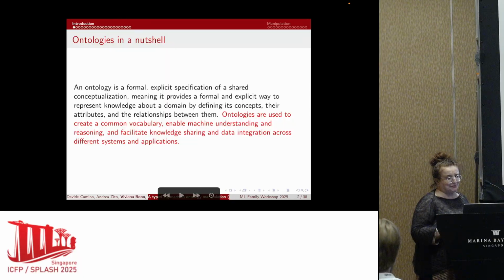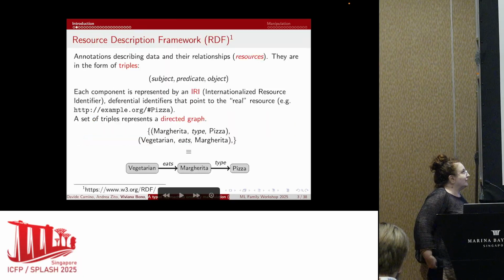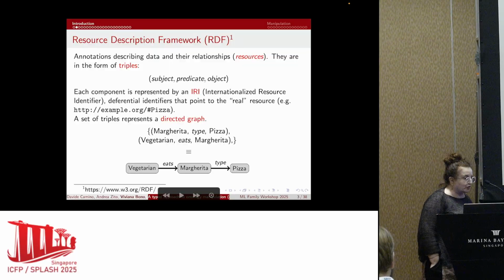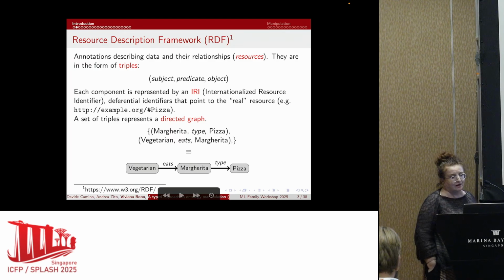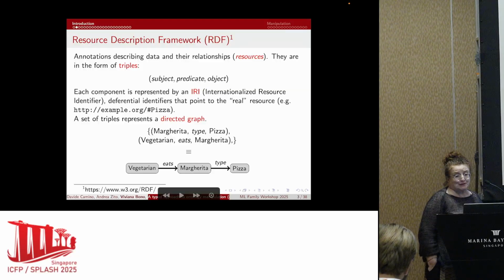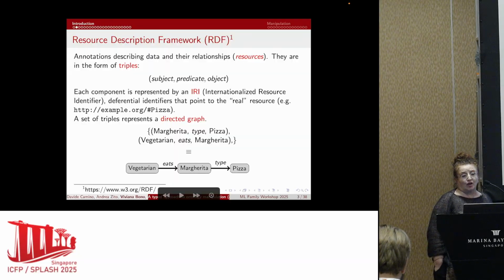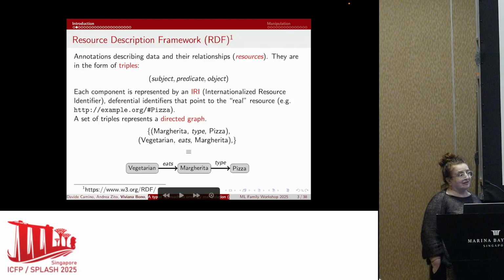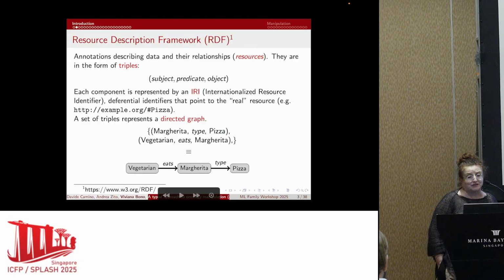Talking about ontologies, I'm just recalling some concepts that I'm sure every one of you knows about. RDF triples, for example, are made of a subject, a predicate, and an object, and each component can be an international resource identifier, indicating a resource that describes a certain concept.